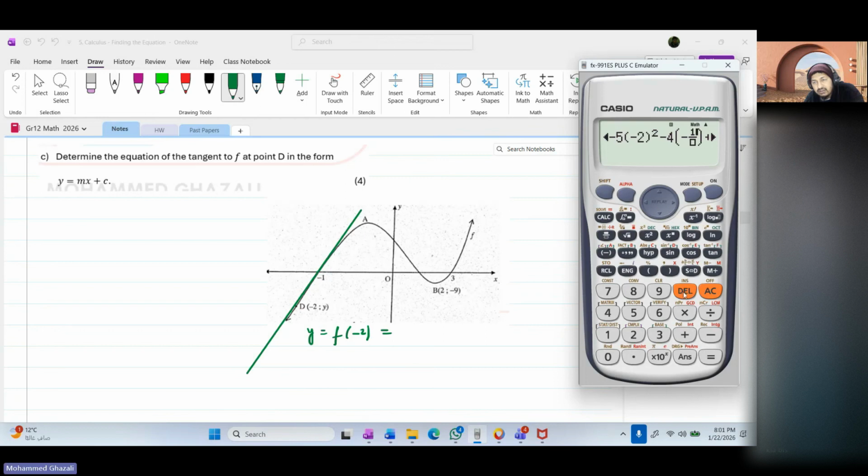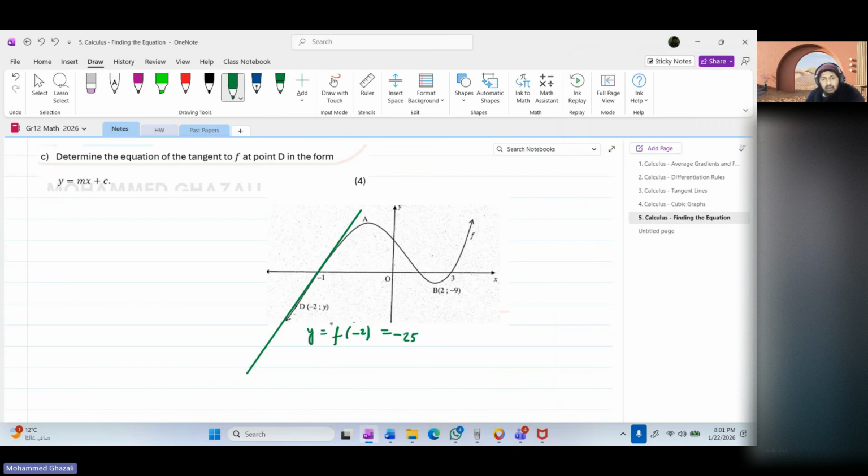You have to get the value of y to be negative because it's sitting below the x-axis. And we're getting -25. Perfect. Now we got a coordinate which is (-2, -25), which is the point of contact.